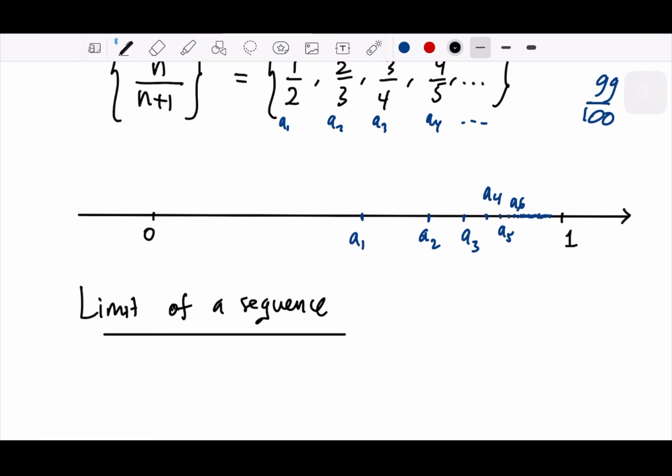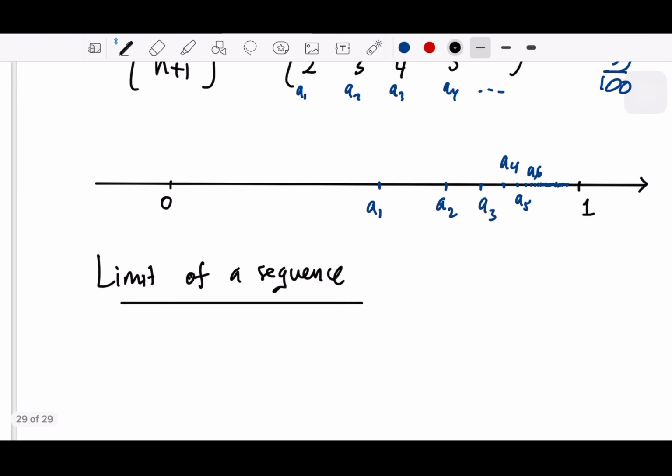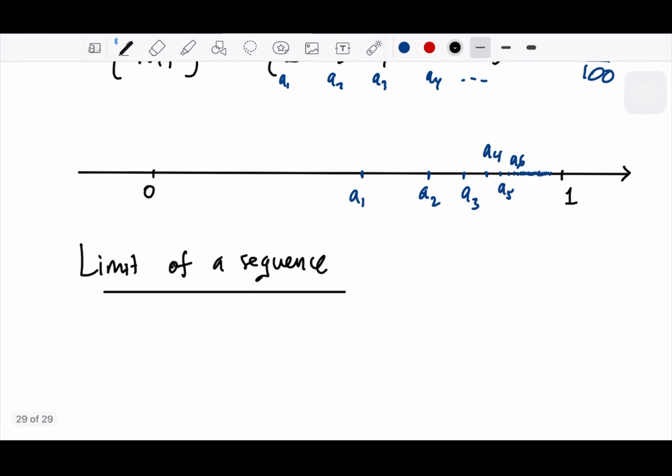This is to conclude that the sequence may have some value that, if you increase n, it will be getting closer to some finite value. Like in our case here, it will be getting close to 1, right?